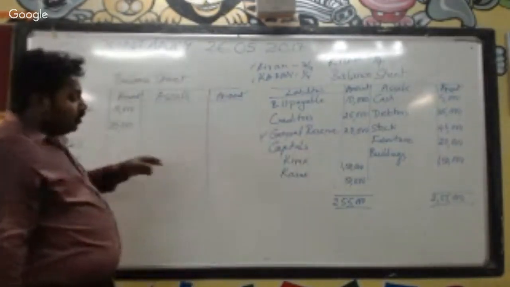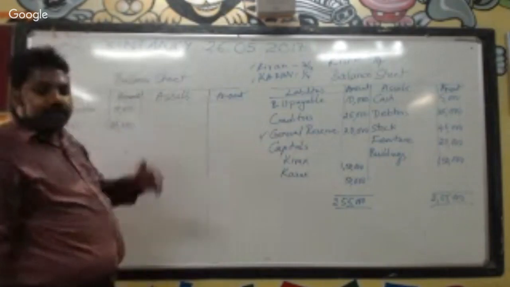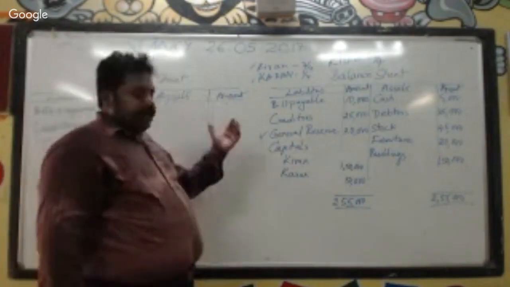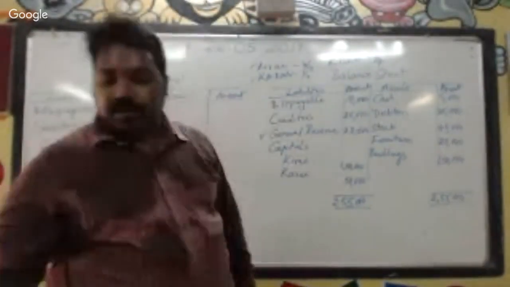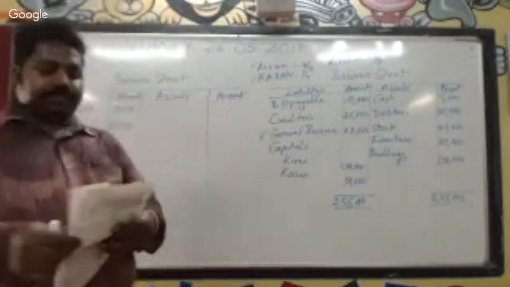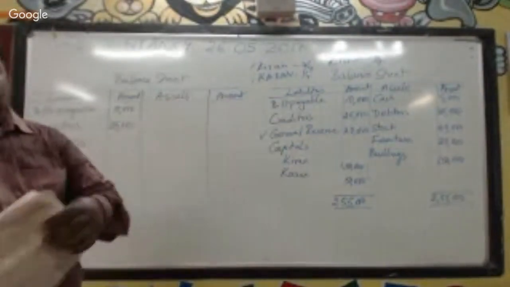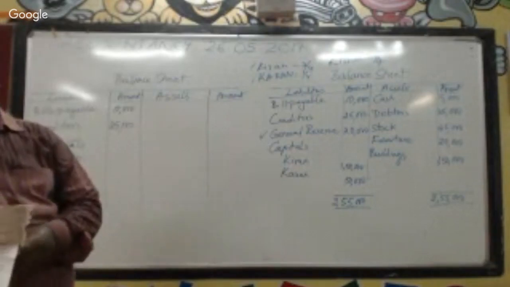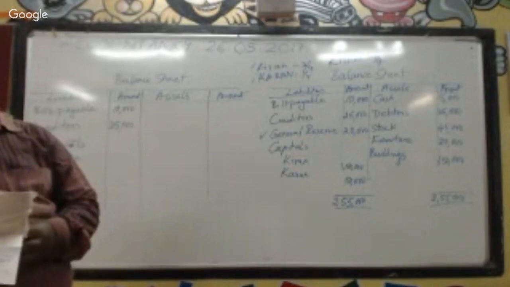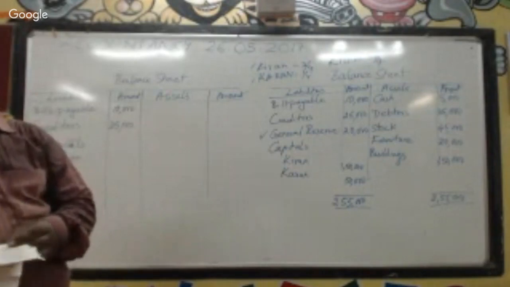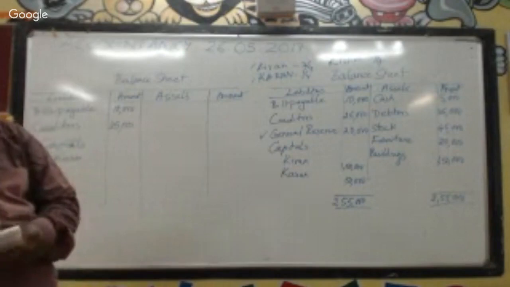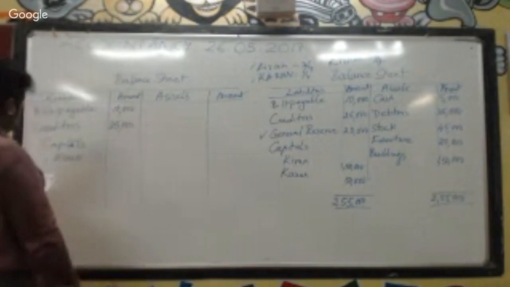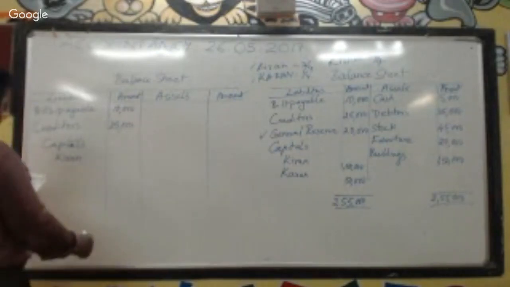Now don't write the same amount. We need to write the amount which yesterday we have prepared in the capital account, the carried down and the balance brought down amount. How much we got? Just check it out. Yesterday we got Kiran's capital account, that is 1,93,500.